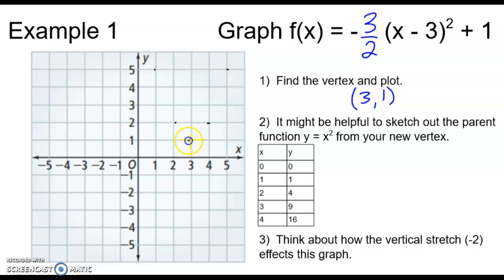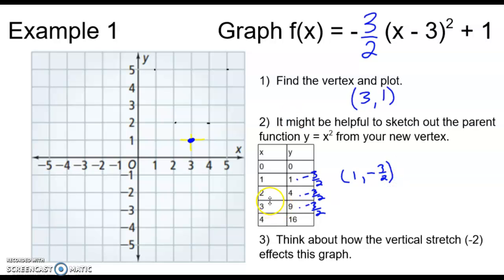So now from there, where am I going to go? What we can do is take each of these y values times that stretch. Our stretch was -3/2. So 1 times -3/2 is going to be the new point (1, -3/2), or -1.5.